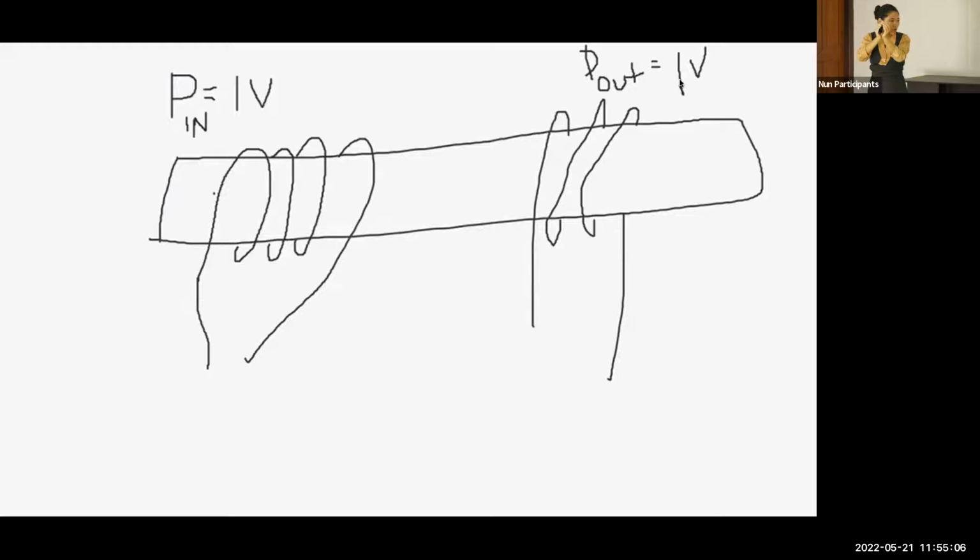Okay, so in these situations, you have the current and the potential related to this one, and that has a specific resistance.